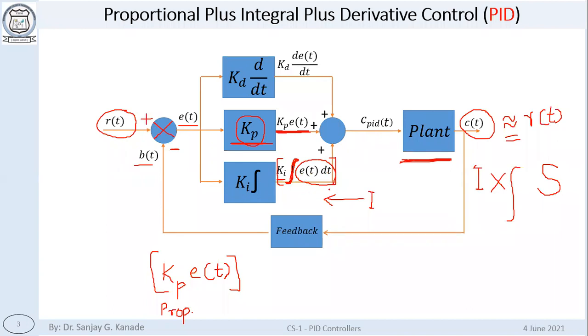So E of t, when we say integration of e of t, it means just keep on adding the values of e of t. Whatever values you get, you keep on adding those values. That is what integral stands for. Okay, so integration means continuous summation.